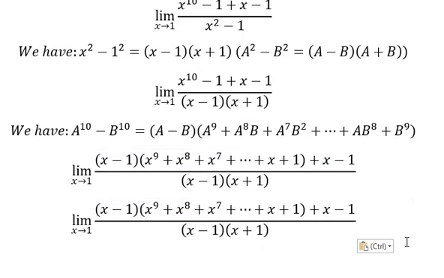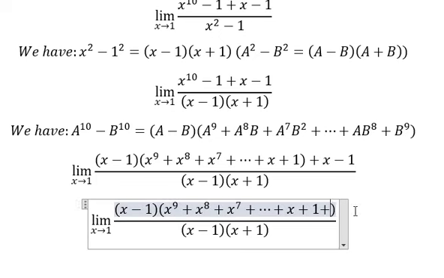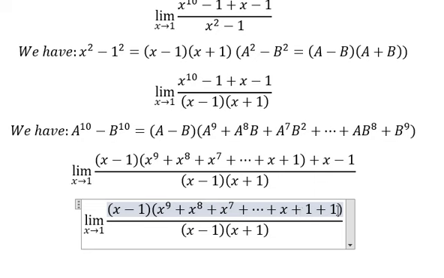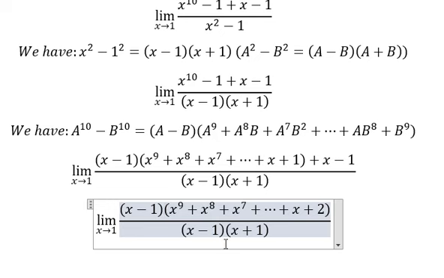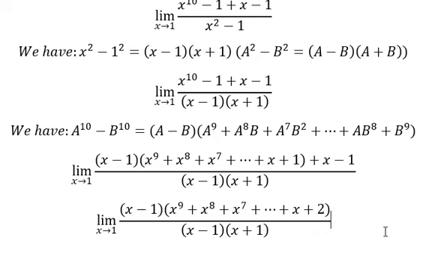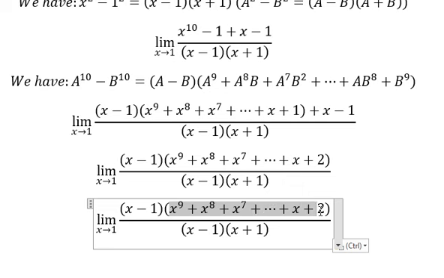Now we can do factorization by s minus number 1. So this one we have number 1 in here. So 1 plus 1 we have number 2. The next one s minus 1 divided by s minus number 1. So we just have like this.